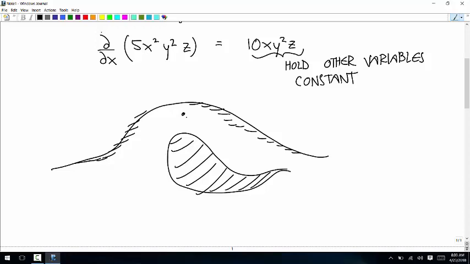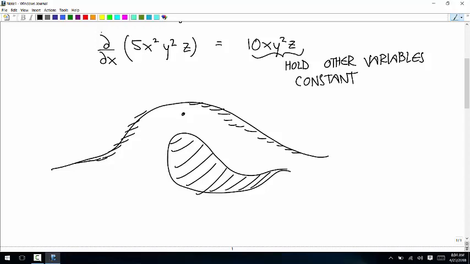Imagine this being a hill that you're walking on, and someone's like, what's the slope up there? And you're like, well, I don't know, which direction are you walking? Because it's flat if you go this way, but it's steep if you go this way. You know what I mean? And so that's the idea of partial derivatives.